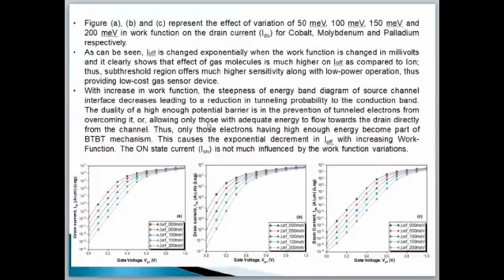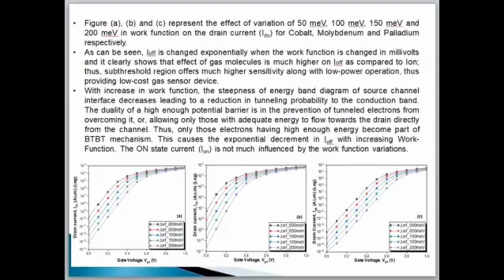Now we will talk about the results. Figures A, B and C represent the effect of variation of 50 milli electron volt, 100 milli electron volt, 150 milli electron volt and 200 milli electron volt in work function on the drain current for cobalt, molybdenum and palladium respectively.